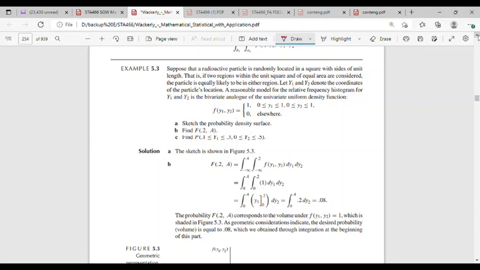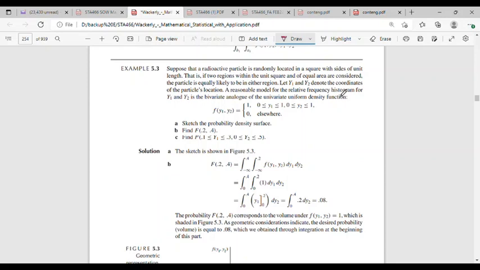Suppose that a radioactive particle is randomly located in a square with sides of unit length. That is, if two regions within the unit square and of equal area are considered, the particle is equally likely to be in either region. Let Y1 and Y2 denote the coordinates of the particle location.